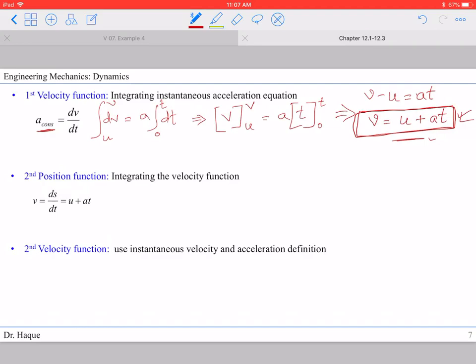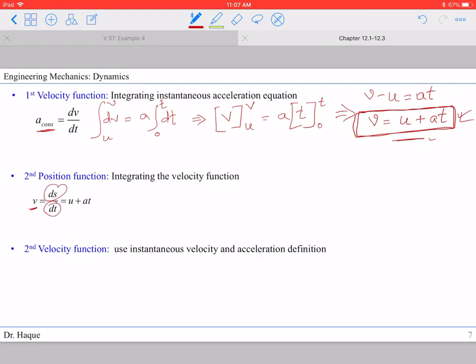So if we integrate this equation, by definition we replace the v with ds over dt.